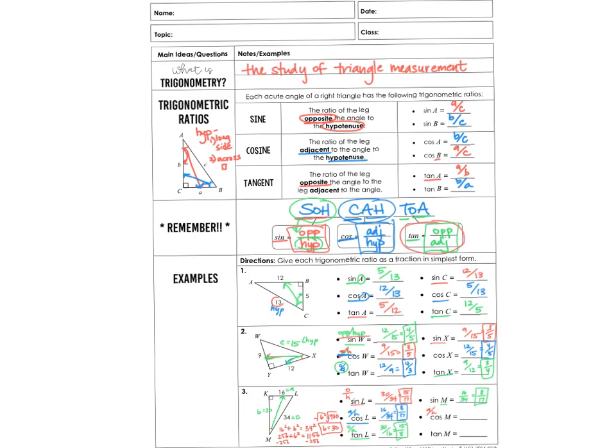So the cosine of M, adjacent is 30 over hypotenuse, which is 34. Divide those both by 2, you get 15 over 17. And then the last one, tangent of M, is opposite, so 16 over adjacent, which is 30. Divide those both by 2, and you get 8 over 15.